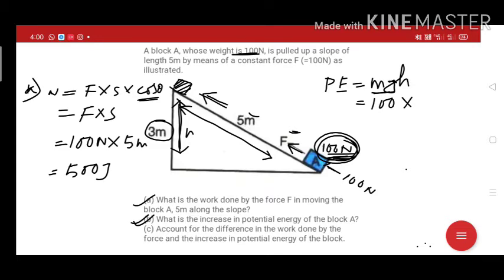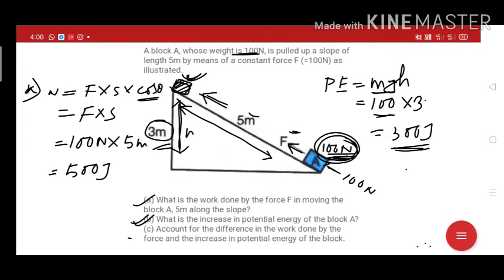So that's why the unit over here is Newton. So we should multiply 100, and then the height is 3 meter. So that is 300 joule. So now the body is having 300 joule when the body is over here.